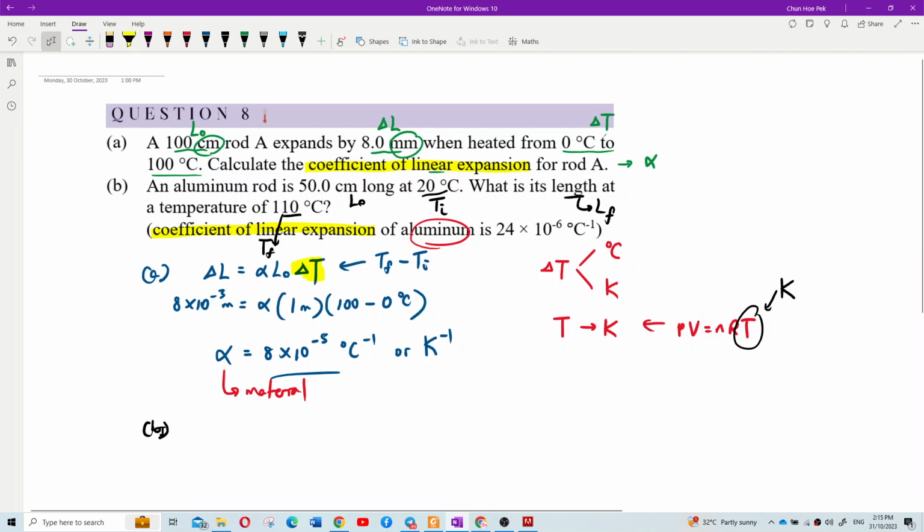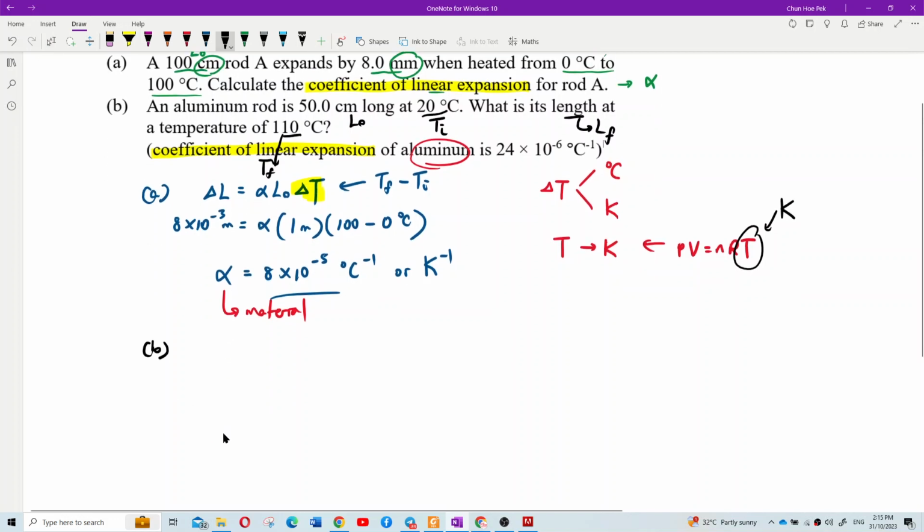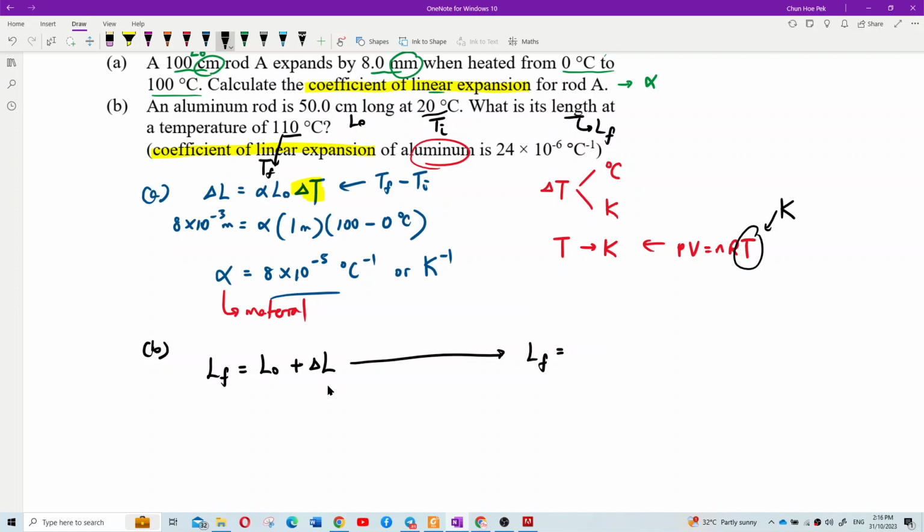Actually we derived the formula for this before. Final length is the initial length plus the expansion, so final length is L0 plus delta L. From this we derived another formula: final length equal to L0 times 1 plus alpha times T final minus T initial.